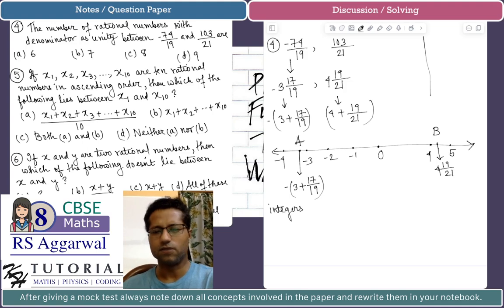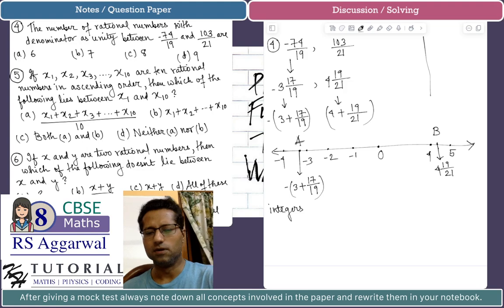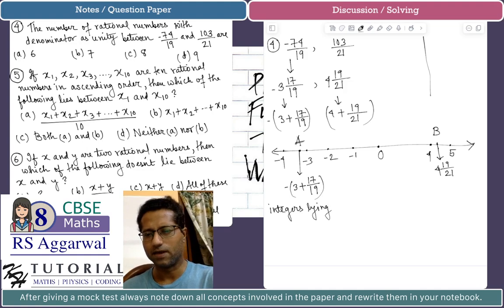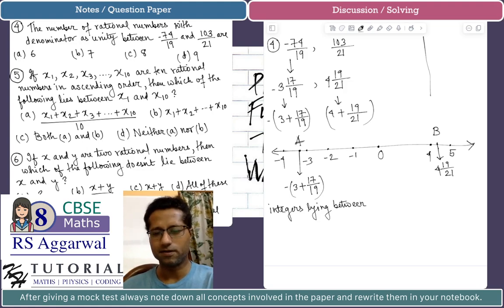It is often useful to visualize the numbers on the number line. You need to approximately mark the given values on the number line and do the analysis to solve the problem. By integers, it has asked for the rational numbers with denominator as unity.